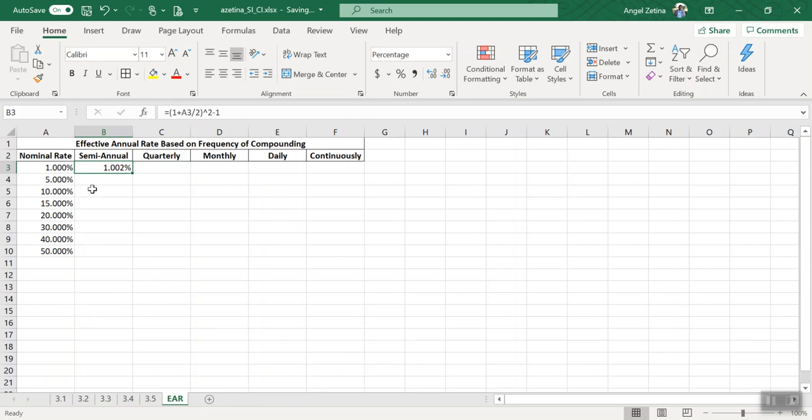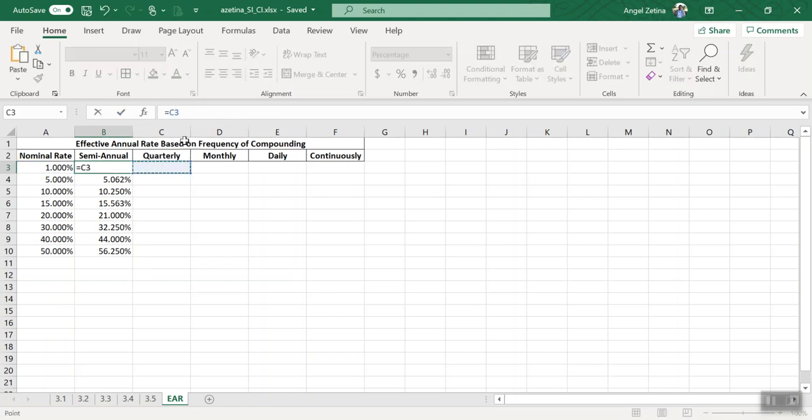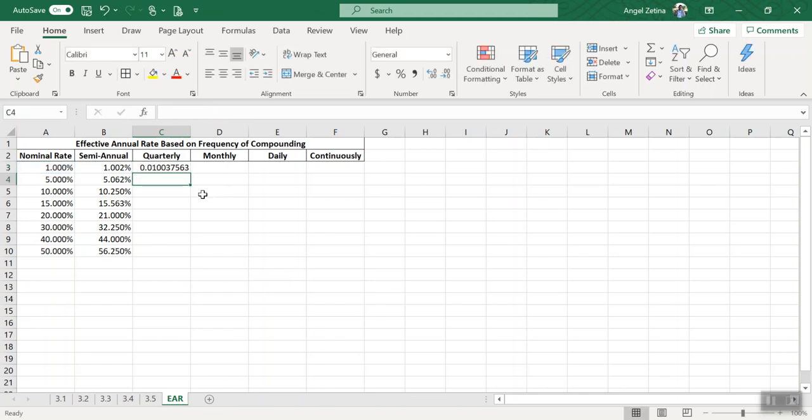Okay. Since we need to calculate the semi-annual effective rate, we will enter the same formula for each one of them. So we get this. We repeat the same thing for quarterly. So here we can copy the formula, or you need to enter it all over again, and just change the value to 4 per quarter.